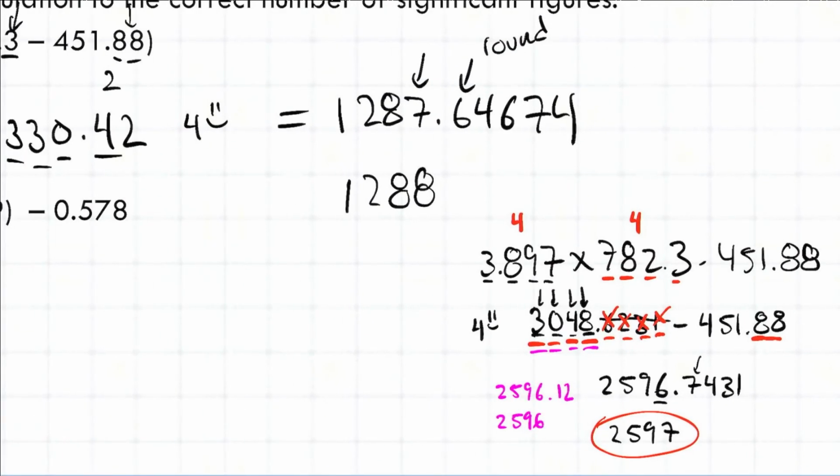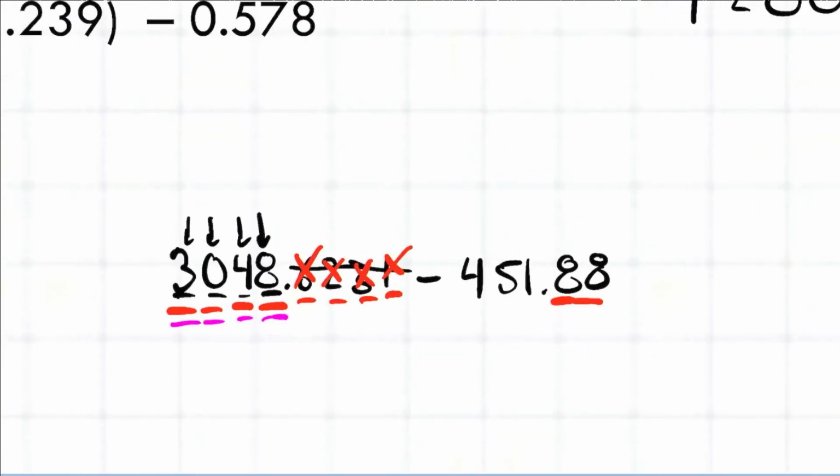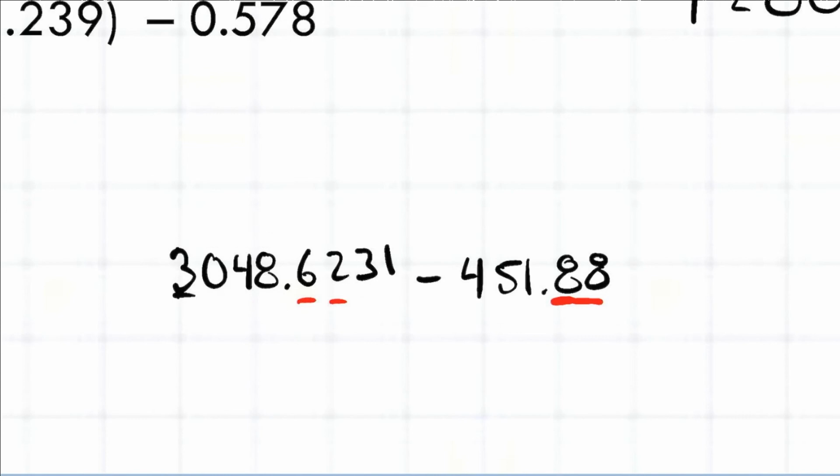The easier mistake to make would be, instead of doing all of this, you would end up with this 3048.6231 as your intermediate, and then you just do that subtraction.